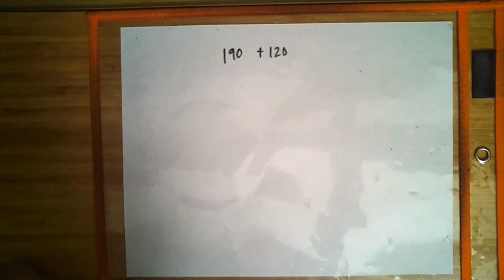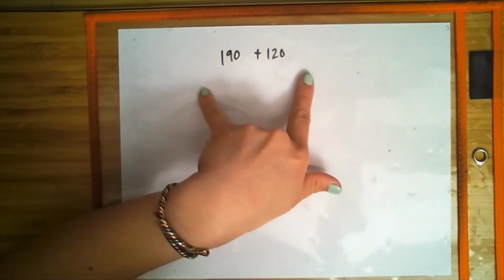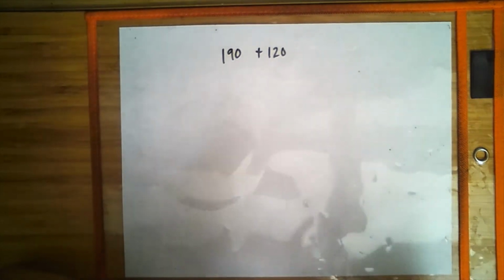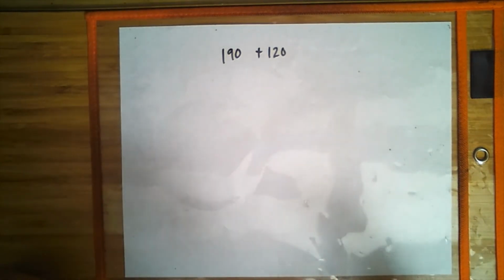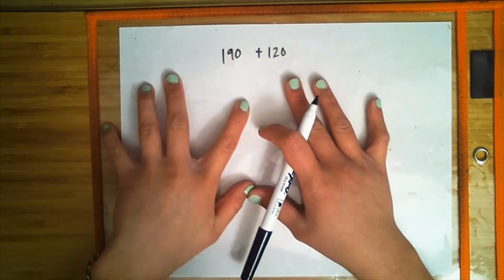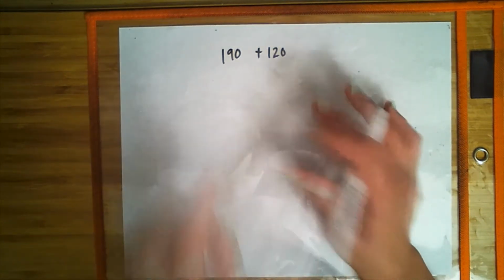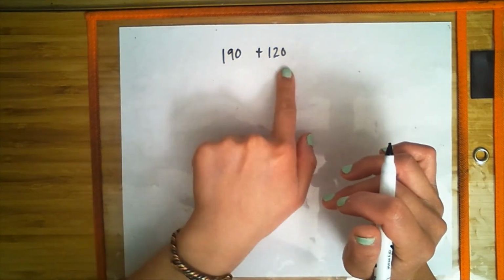For the next part of the teacher model, we are going to be working with this number sentence, 190 plus 120. In the past, we've used mini number bonds to make the next 10. Let's do that here too to make our adding easier when we have hundreds. So our number sentence is 190 plus 120.